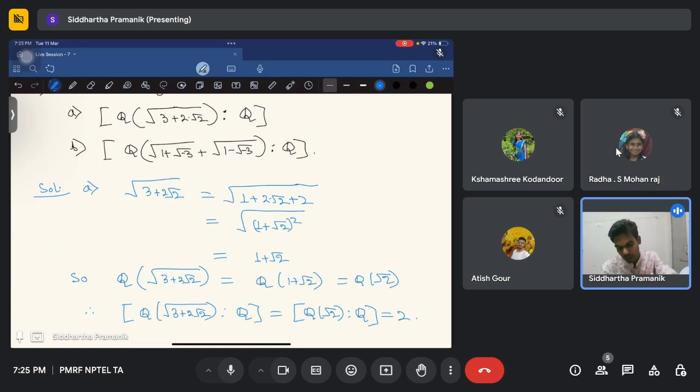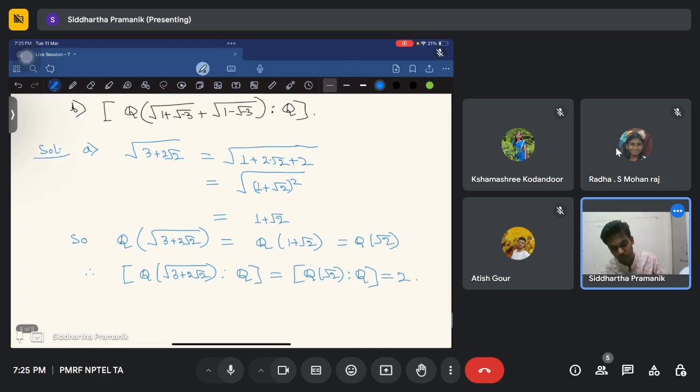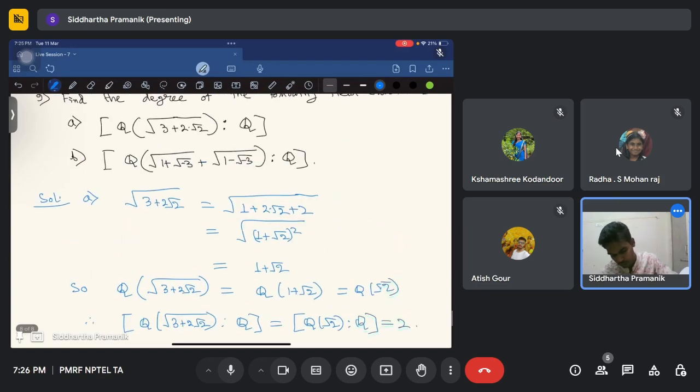You just need to observe this fact for the first problem. Is it okay? I hope it is okay.